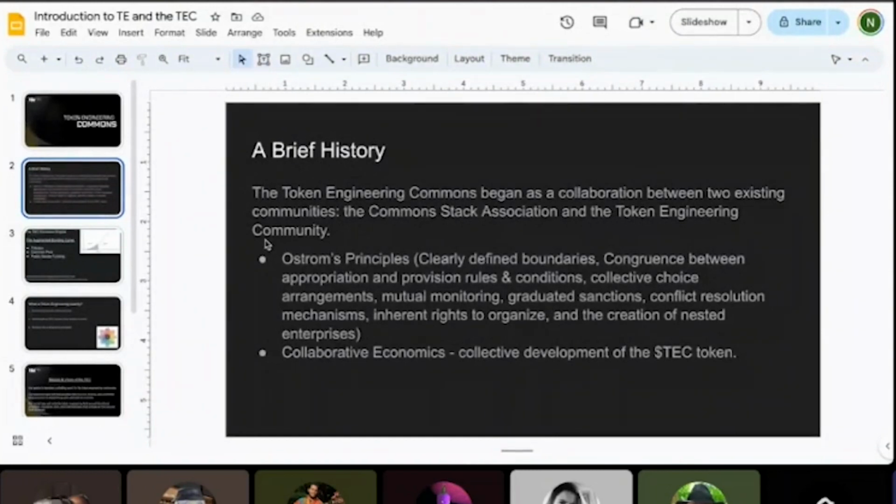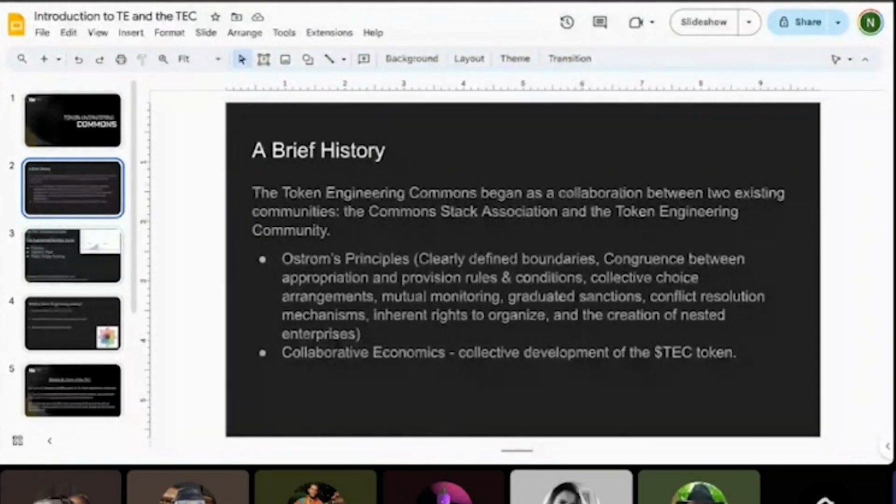This was a collaboration between the Commons Stack Association and the token engineering community, around late 2018, early 2019. They decided to come together and say, "Hey, how do we create a commons economy that helps build this nascent field of token engineering?"